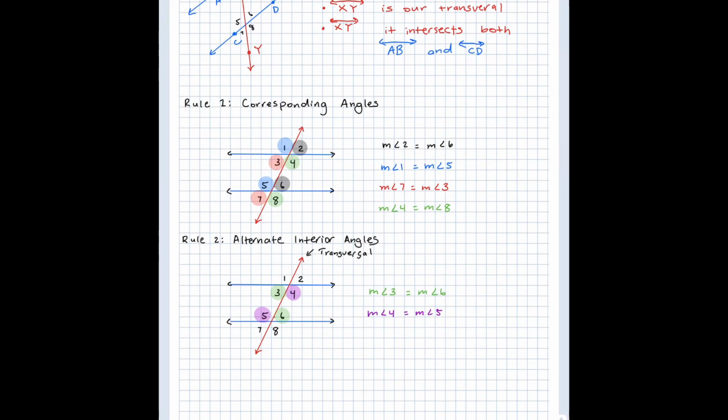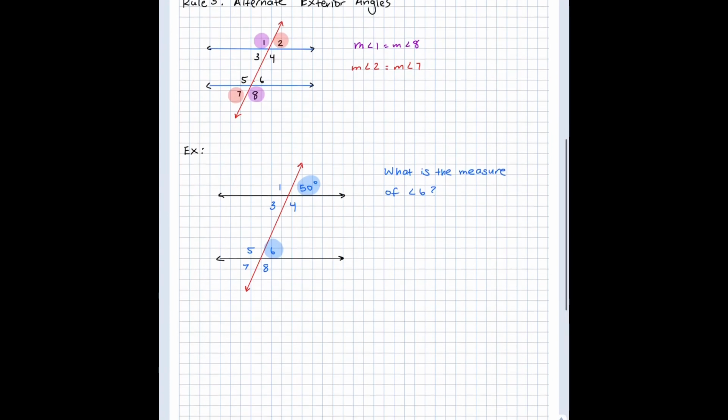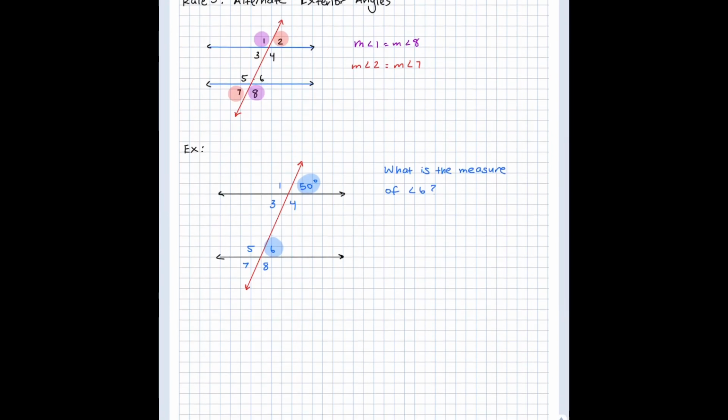They're the angles that look like each other and their measurements equal each other. So if I replace angle 2 with 50 degrees, then I know angle 6 is going to be 50 degrees as well, because corresponding angles equal one another. So this is question 1.